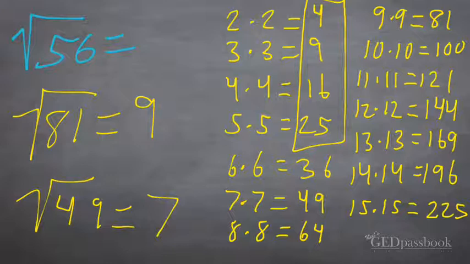You got to take out the calculator. And you do the square root of 56, do you guys know what you get? 7.483314774. Right? That's a decimal. It's not a perfect square. The square root of 56 is not a perfect square.